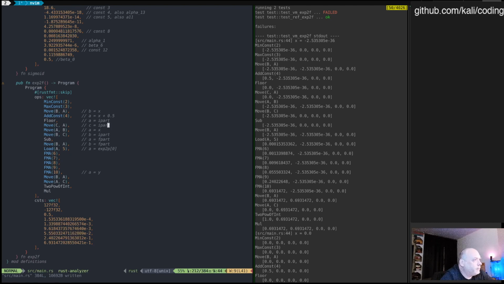We're then moving X in A, that's right here. We're moving B, what is B at this stage? B should be X. We're moving C into B. Yes, we're moving C into B, and C is I part, so it's 0.